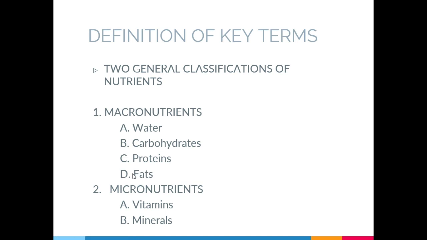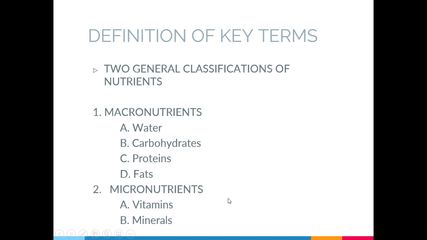And aside from that, we also need these nutrients in larger amounts compared to micronutrients. So we need more carbohydrates, proteins, and fats than the micronutrients. That means our daily needs for these nutrients are usually expressed in grams per day.